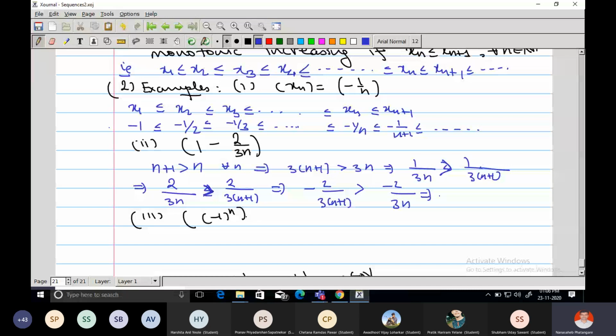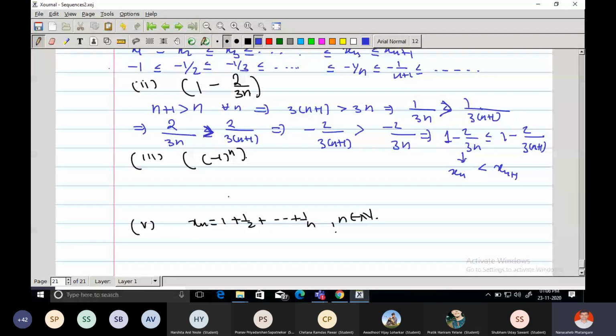And then add 1. So ultimately we get that xn is less than xn plus 1. This is true for each n, therefore this sequence is monotonically increasing.